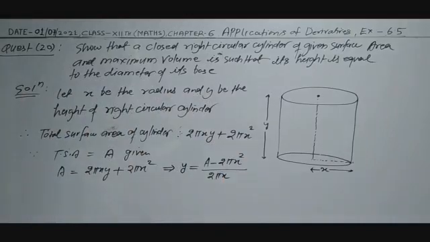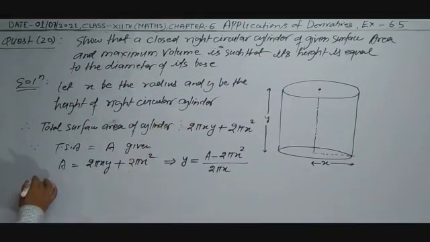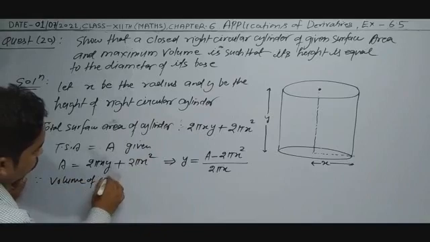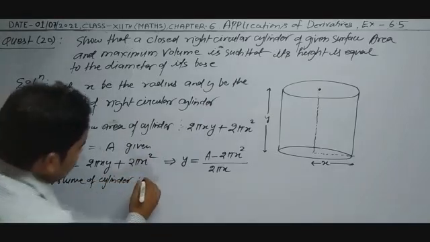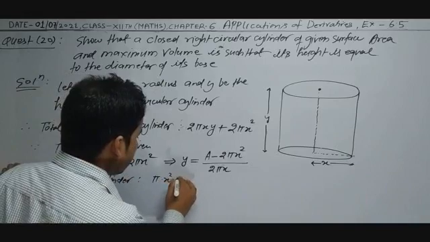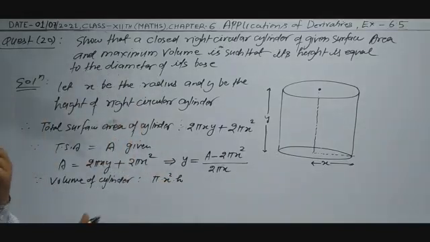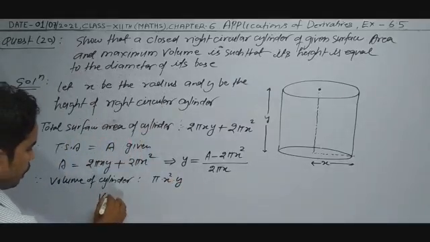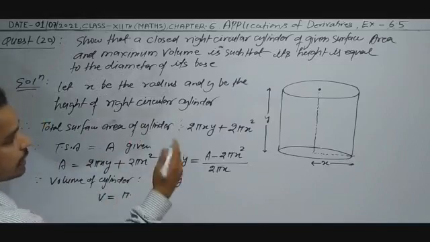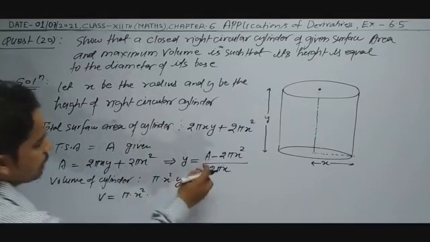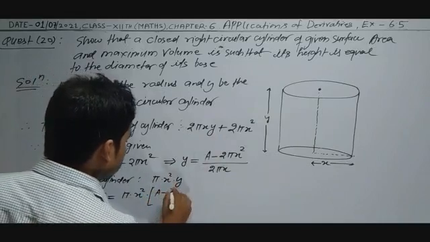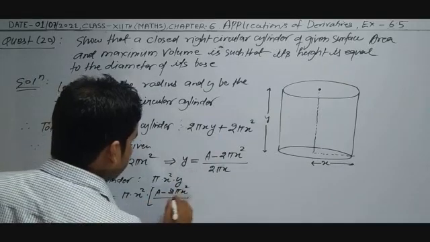So the volume of the cylinder is pi times x square times h, where h means y. So suppose V is equal to pi x square times the value of y, that is A minus 2 pi x square by 2 pi x.